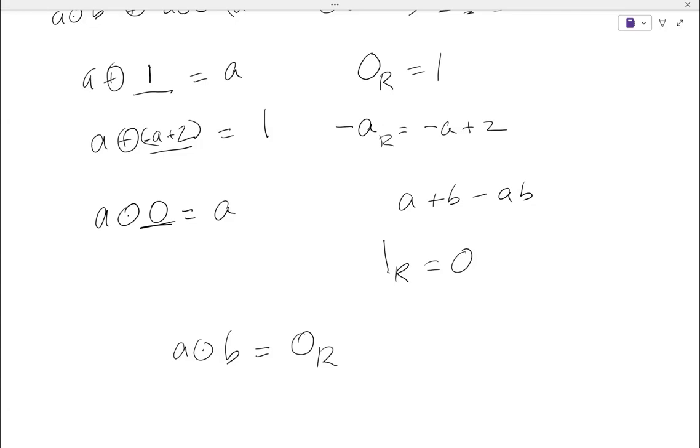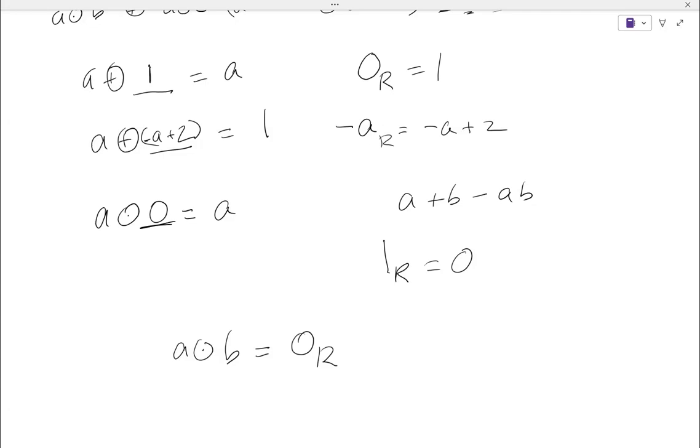So I'm looking for zero divisors. Right, that's exactly right. I'm trying to see if there are any zero divisors.